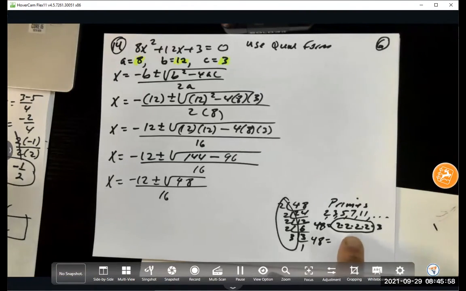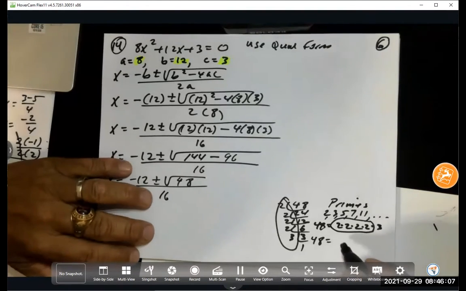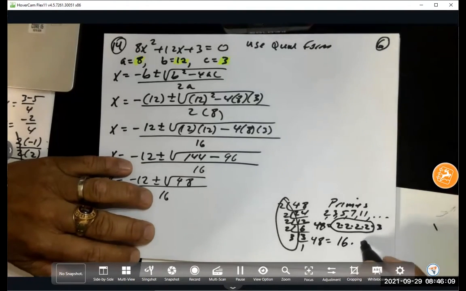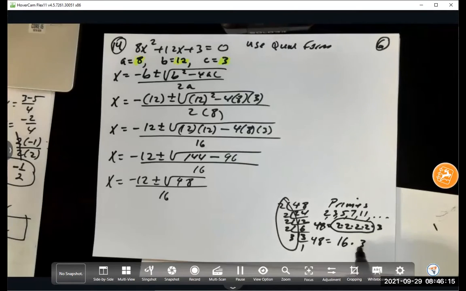Get the calculator: 2 times 2 times 2 times 2, do it 4 times. It is 16. There you go. So this is 16 times 3. Is 16 times 3 a 48? Yes or no? Yes.